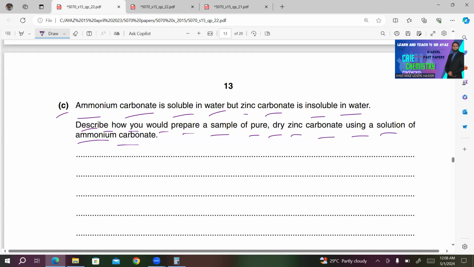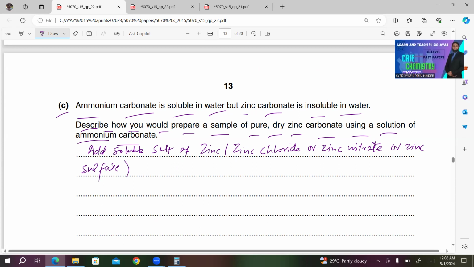In the start you write add a soluble salt of zinc, like zinc chloride or zinc nitrate. You can even take sulfate because sulfate is also soluble. Remember, barium, calcium, and lead sulfates are insoluble.